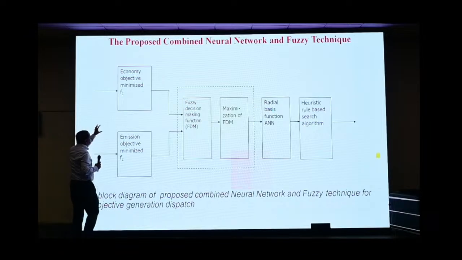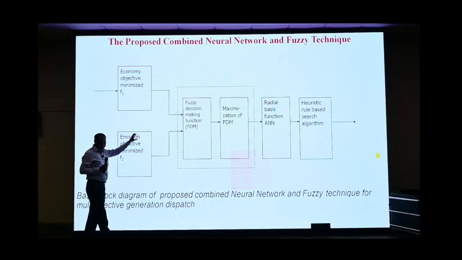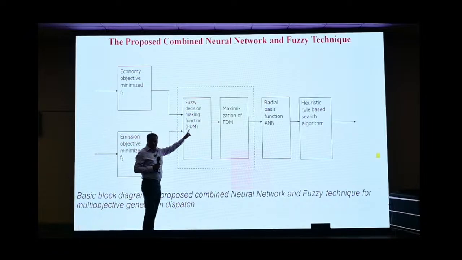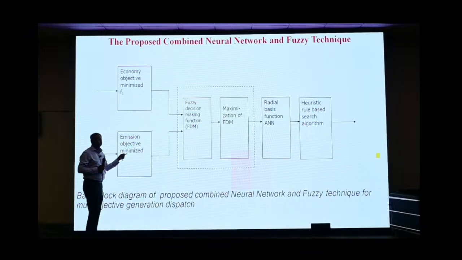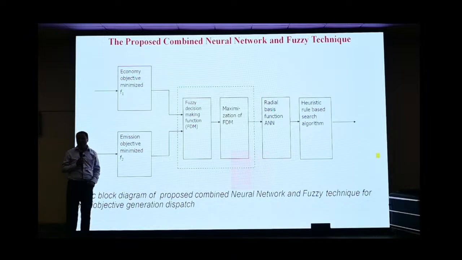So the first objective is minimized, and this is also minimized. Mathematically, it has been derived that if both are combined, you get a single objective function, but that objective function you have to maximize, the opposite. Then only this will be minimized and this will be, and I can prove it. Are you getting it or not? The first objective function has to be minimized and the second also has to be minimized.